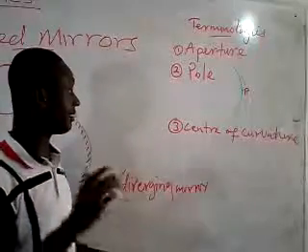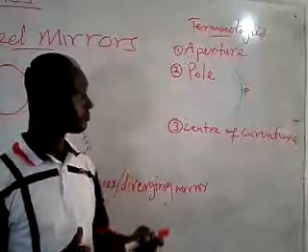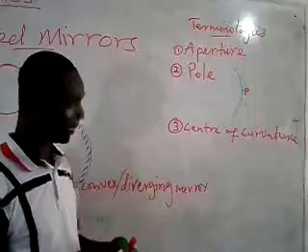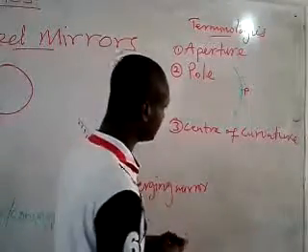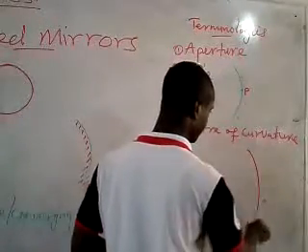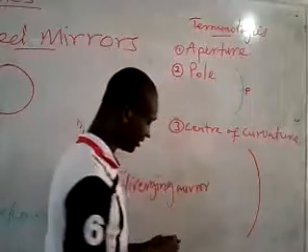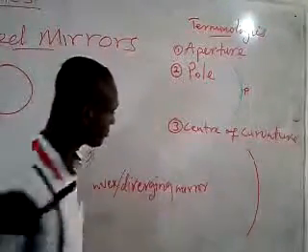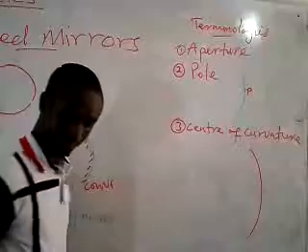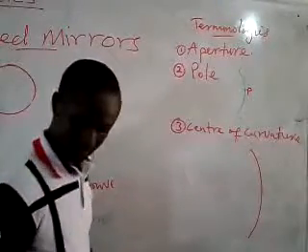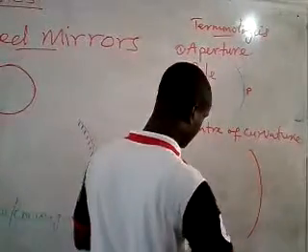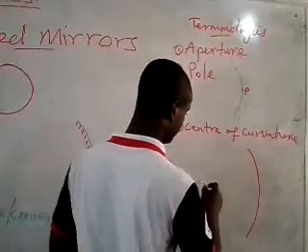Curved mirrors are formed from a sphere, and the sphere has a center somewhere. It means if this is our curved mirror, it may have a center somewhere, provided this will be our center of the sphere.